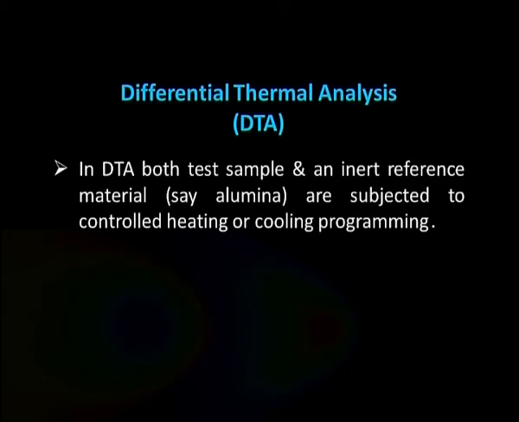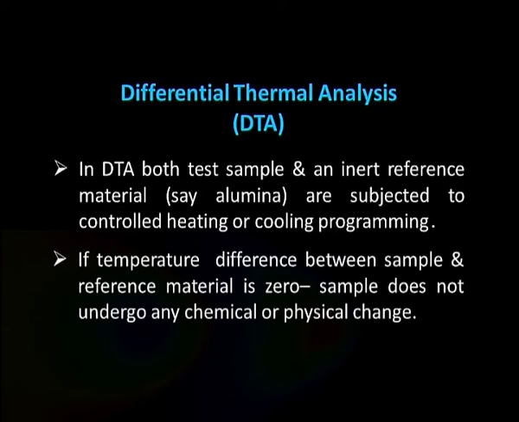In DTA, both the test sample and an inert reference material, say alumina, are subjected to controlled heating or cooling programming. If the temperature difference between the sample and reference material is 0, the sample does not undergo any chemical or physical change.